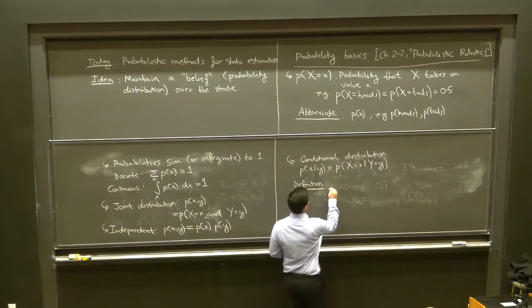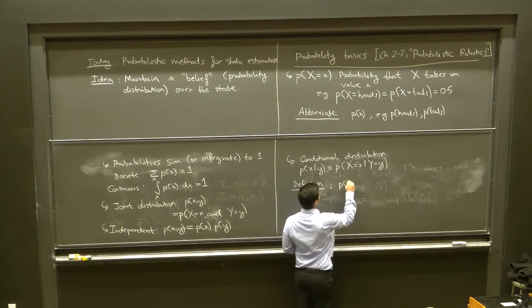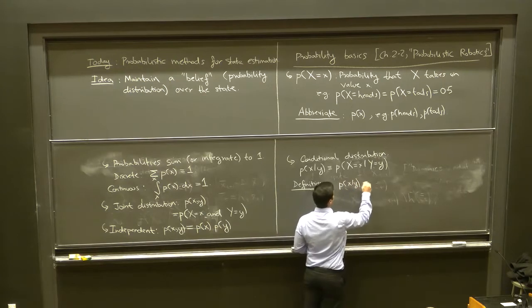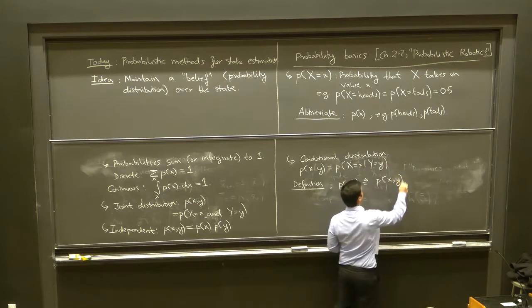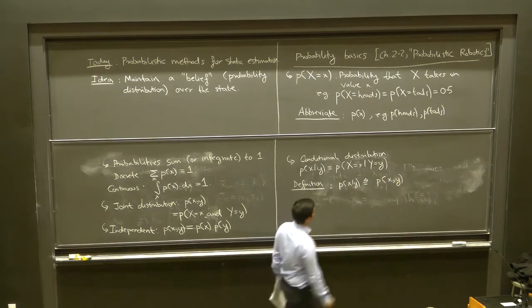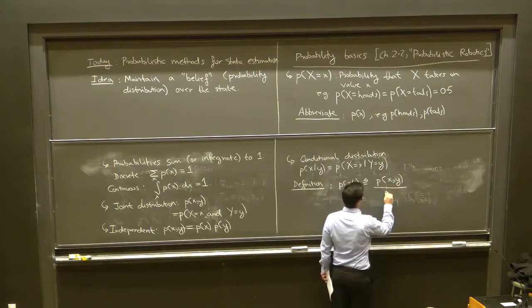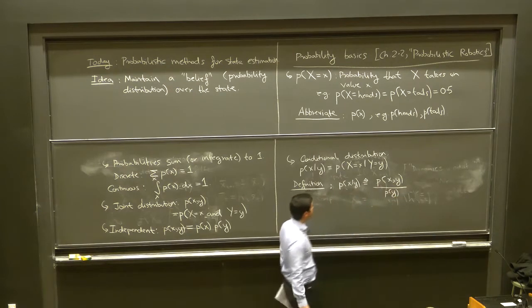So we're going to define p of x given y as p of x comma y, which is the joint distribution, divided by p of y.